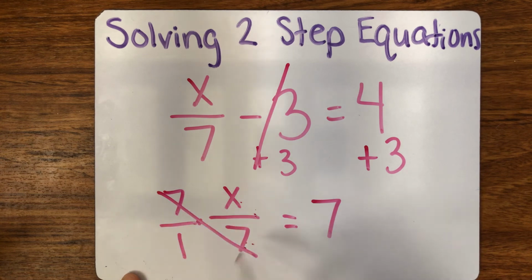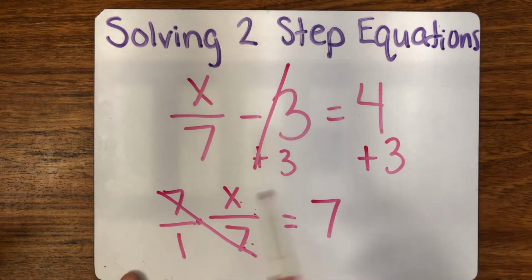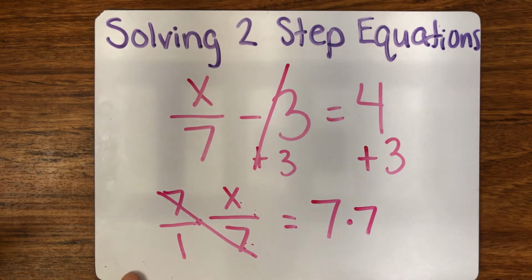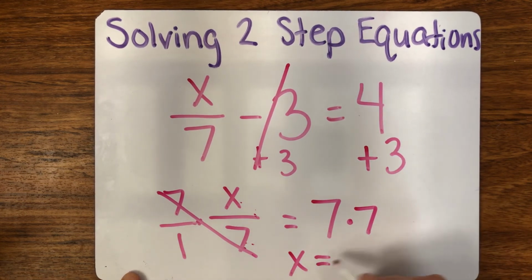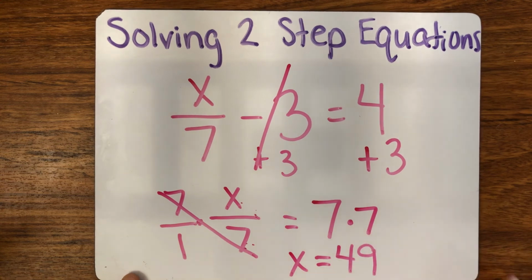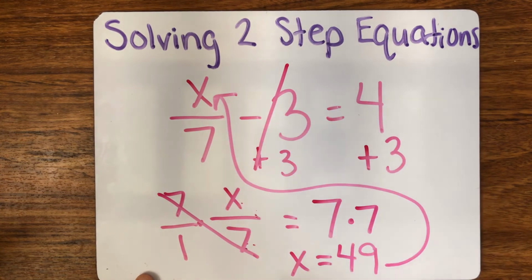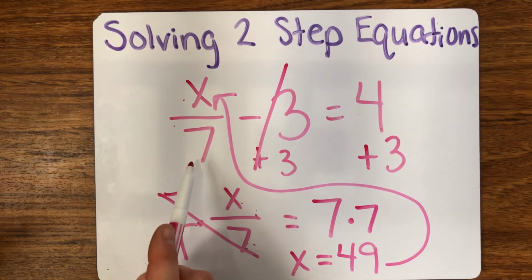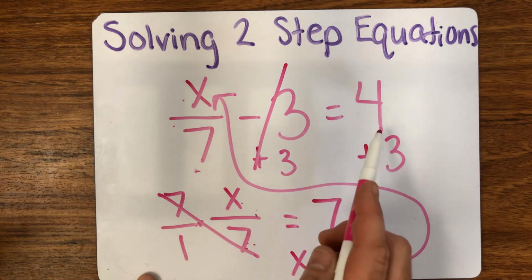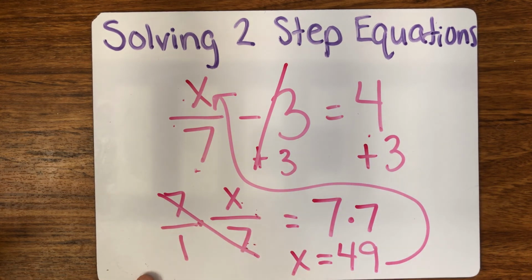All right, so those cancel out. Whatever we do to one side, we do to the other, times 7 over here. So x equals 49. And again, we can plug in 49 for x. 49 divided by 7 is 7. 7 minus 3 is 4. So we know it is exactly correct.